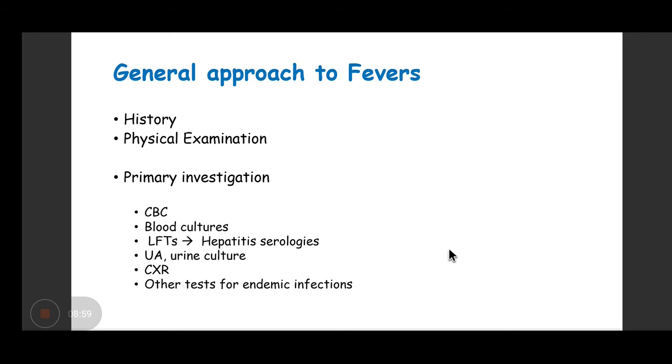In our region, it is malaria or dengue, particularly dengue in a particular season. For example, if it is August, September, October, November, and a patient is suffering from fever, it is very common that he is prescribed investigations for dengue as a primary investigation, right?